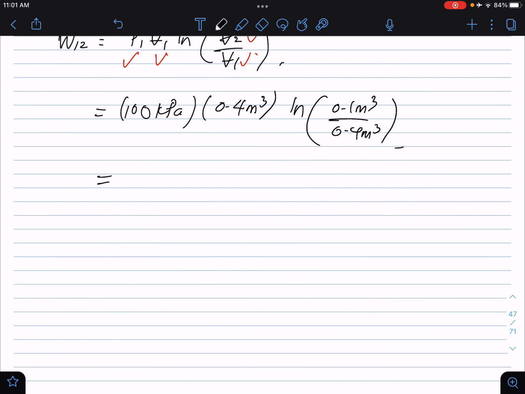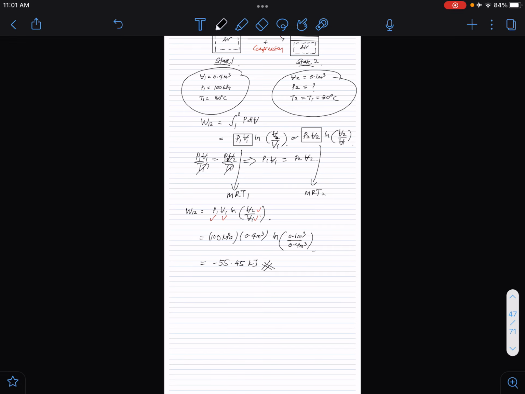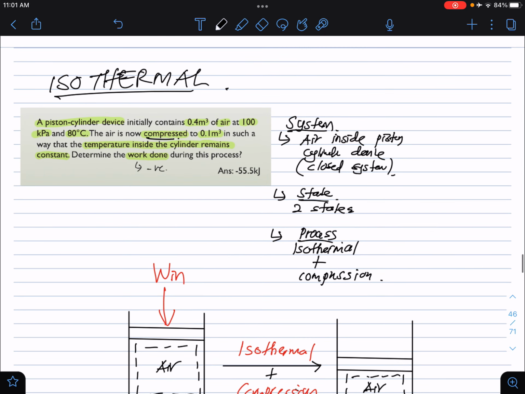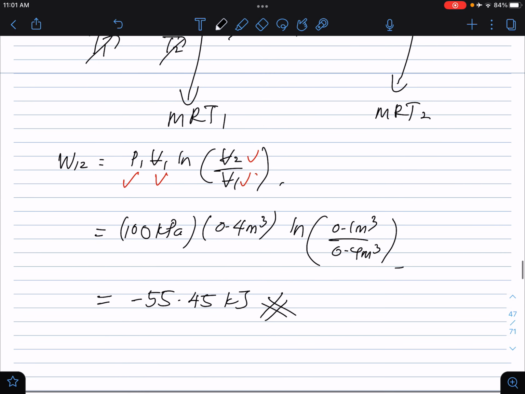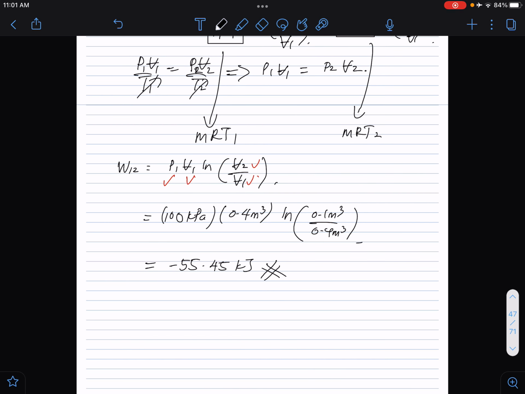Okay, so you get here minus 55.45 kilojoule. Is that the only thing the question asks? Determine the work done. Okay, so yes, and our assumption of negative is correct. This is very straightforward, and the only problem is whether you memorized the formula for the isothermal work or not. Okay, that's all. Thank you.